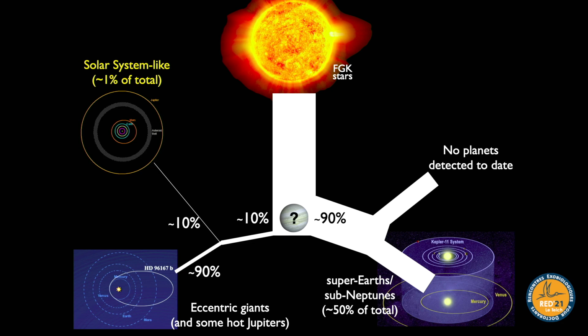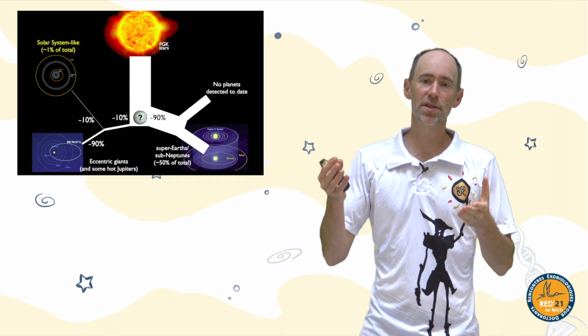Then the next question we can ask is, well, what fraction of those Jupiters have Jupiter-like orbits, meaning relatively wide and relatively circular orbits like our own Jupiter? And the answer is, again, about 10%. Most Jupiter mass or Jupiter size planets that we know of have very non-Jupiter-like orbits.